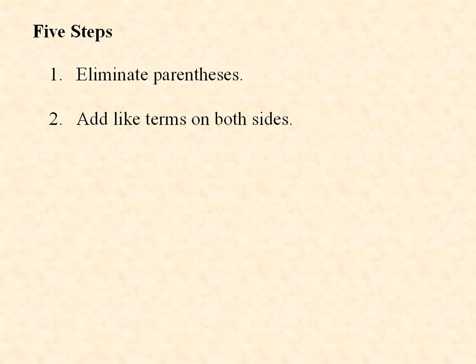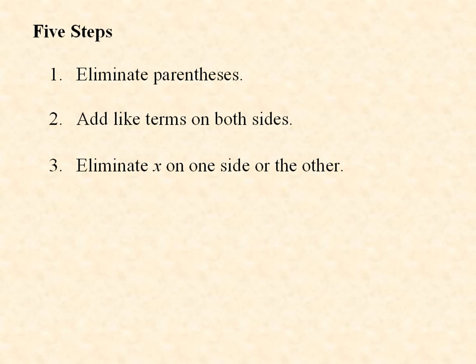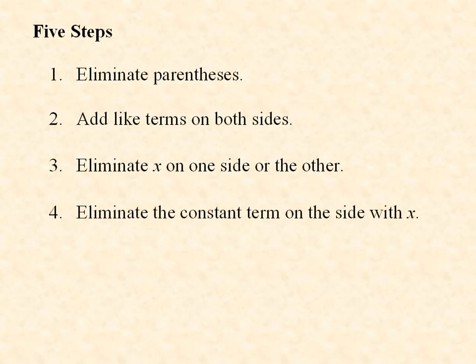If either side has like terms, we add the like terms. Then we start solving by eliminating x on one side or the other. Then we eliminate the constant term on the side with x. And finally, we eliminate the coefficient of x either by dividing or by multiplying by something.